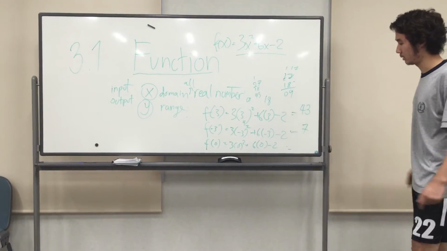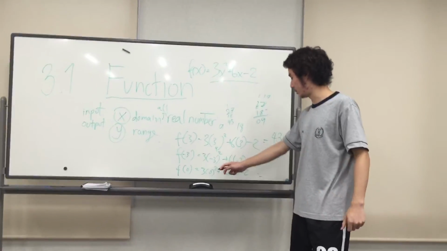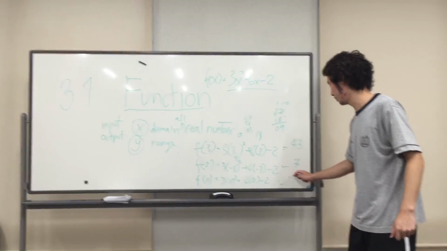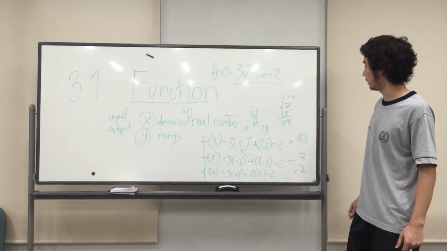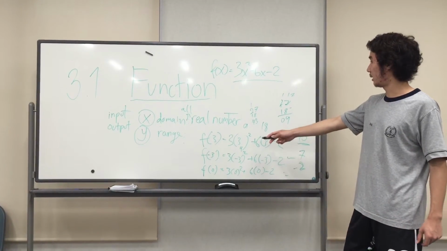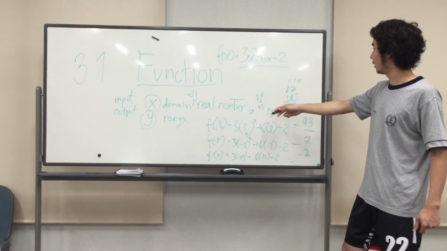Last one, 0 times 3 is 0, 0 times 6 is 0, minus 2. What? Did I make a mistake? Why is the number so big?